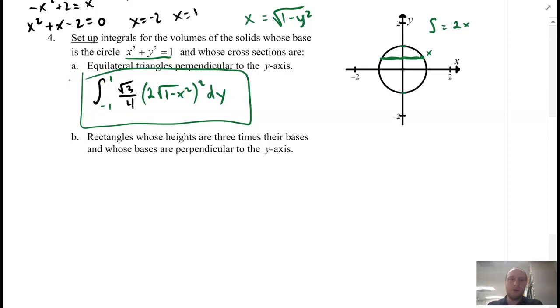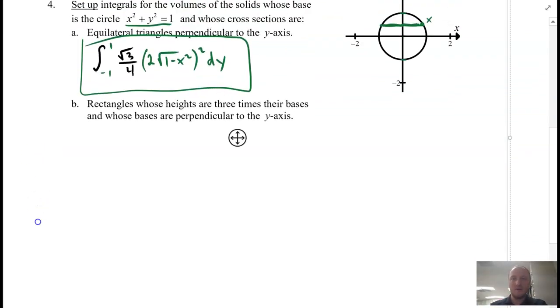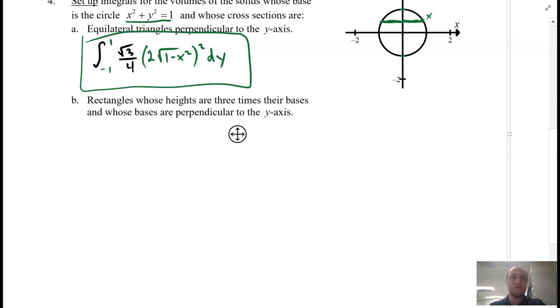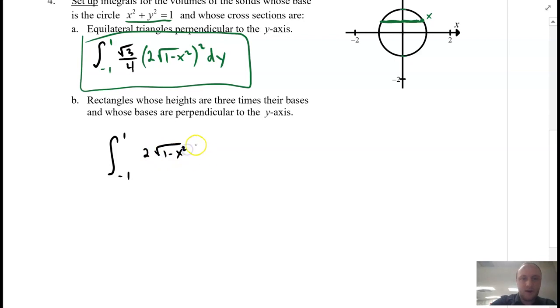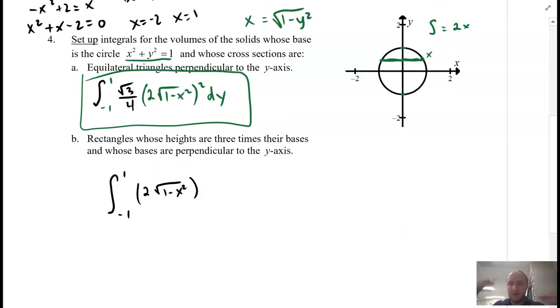Next example, we are going to do this with rectangles. So that side length is going to be the length of a rectangle, right? So I'm integrating again from -1 to 1, and that side length is 2 times the square root of 1 minus y squared. And I also need to multiply by the height. It's not a square, so I don't know they're equal, and I can't just square this.